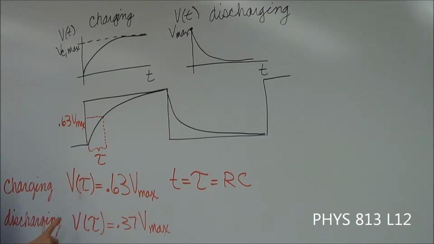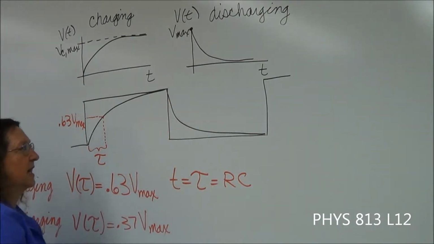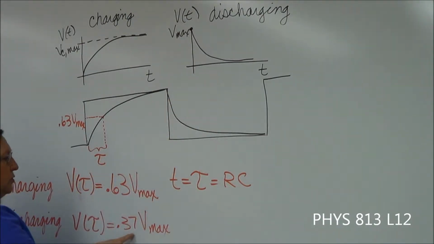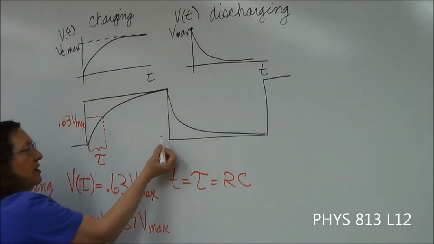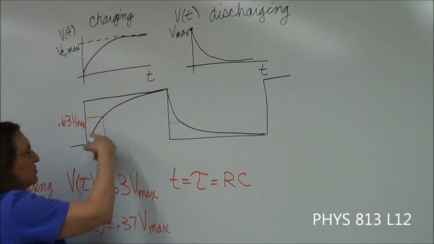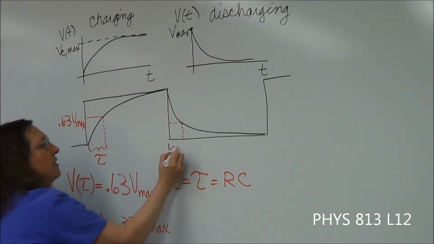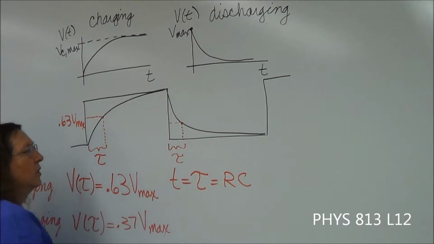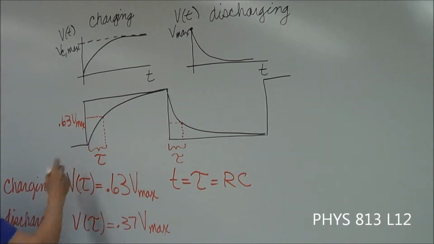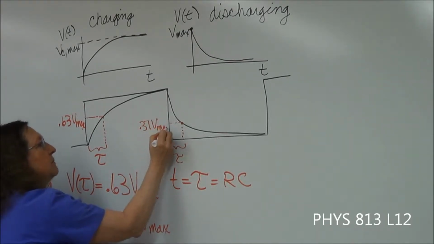But what we're going to do now is just look at these voltages. So if we go to our discharging process and go to 0.37, that's about a third of the way up, and go over, and if I had drawn these right, exactly, then this would have been one time constant. It's not a whole lot different. So this one is 0.37 Vmax.